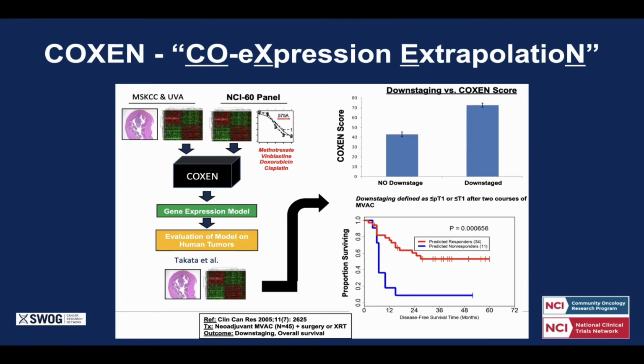So first of all, you know the gene expression data for all these cell lines, and you know their response to many different drugs. And so the basis of this is correlating gene expression patterns to response to any individual or combination of drugs. They made it more bladder specific by adding in both patient expression data, so real patient tumor expression data, as well as bladder cell line data.